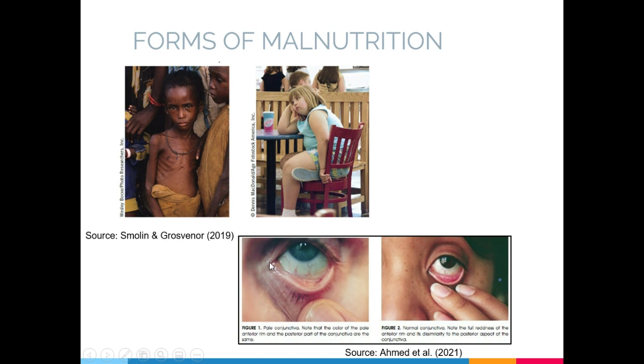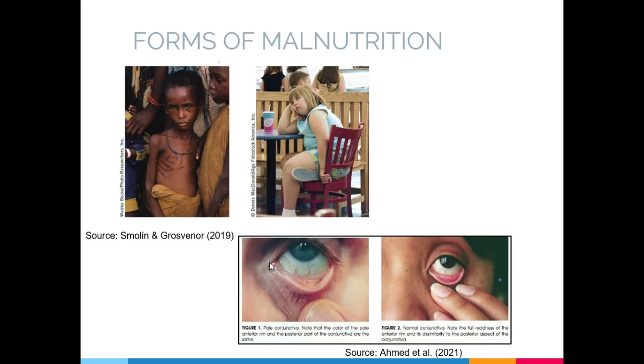Okay? So, this is what we do not want in nutrition. This is what we would try to prevent or mitigate or manage, kaning malnutrition. Okay? And it's not only seen in the community, but it's also seen in the clinical setting or in the hospital setting.